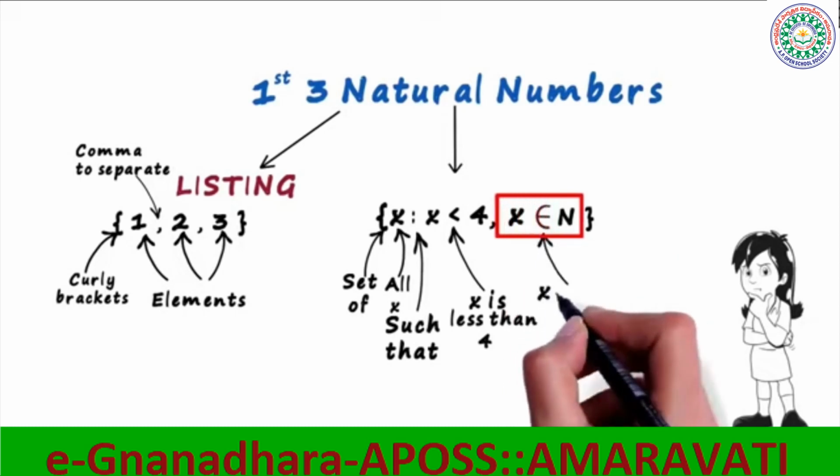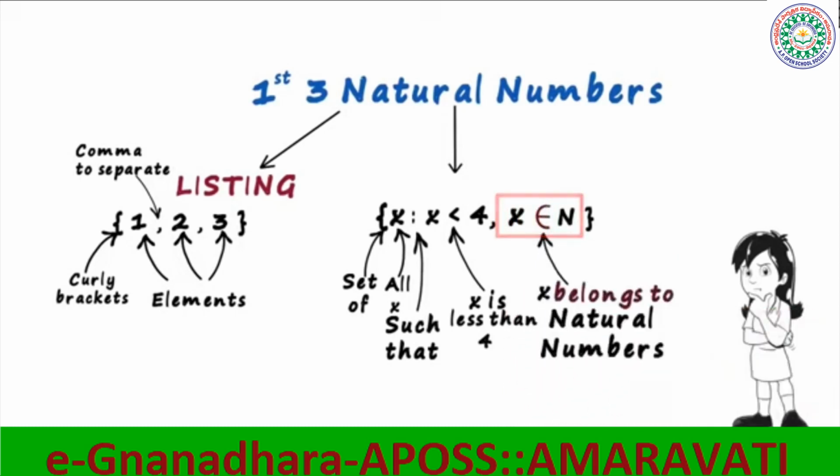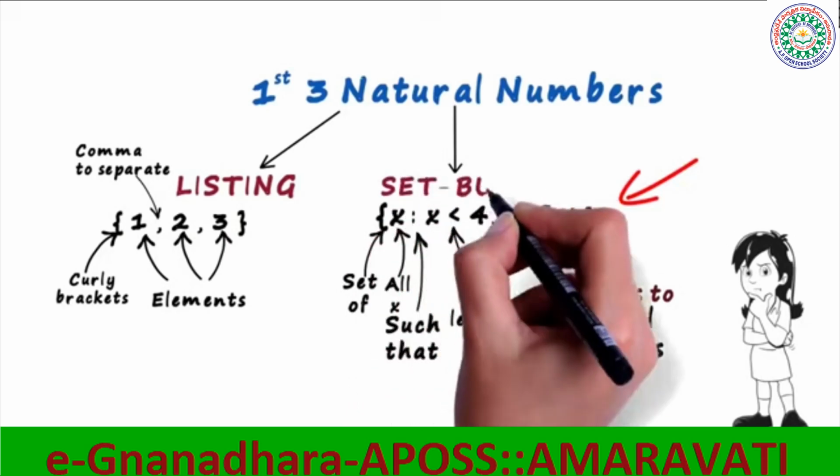It means x belongs to natural numbers. It will make more sense if we read the whole thing aloud. It is read as set of all x such that x is less than 4 and x belongs to natural numbers. And the natural numbers less than 4 are 1, 2 and 3. This method is called the set builder method.